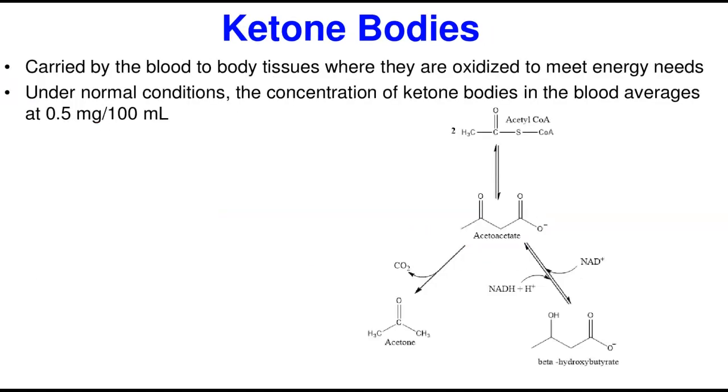Ketone bodies are carried by the blood and taken to the tissues that need them for oxidation and generation of energy. Under normal conditions, the concentration of ketone bodies in blood averages about 0.5 milligram per 100 mL. If it goes beyond this, it will lead to conditions of ketosis, as we're going to see in the next slide. Now look at what happens here.